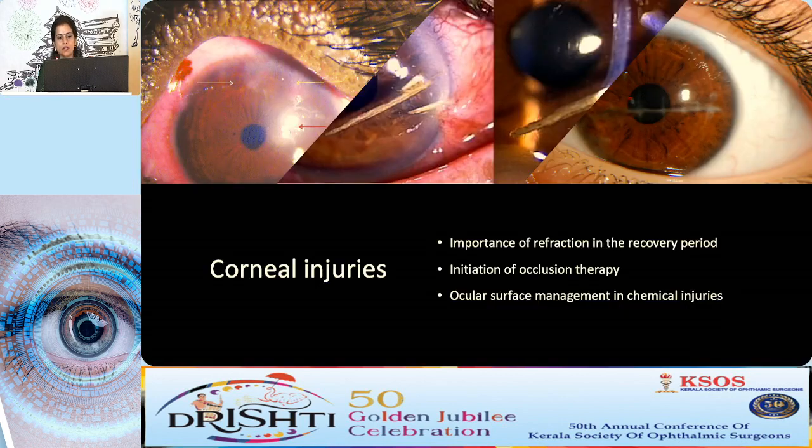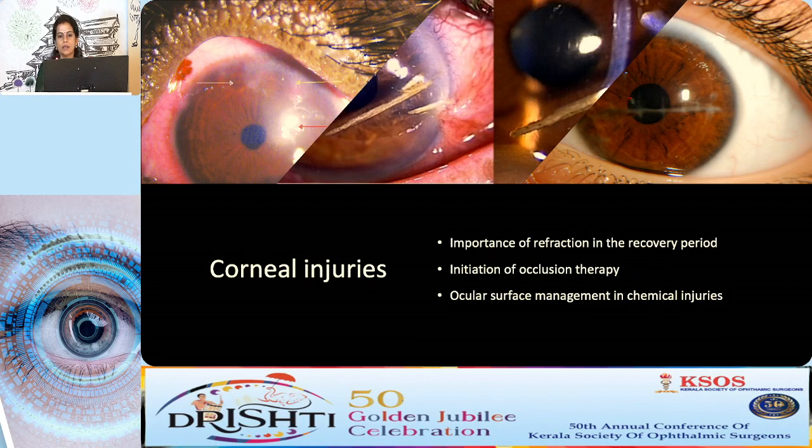Corneal injuries: the importance of refraction cannot be stressed more. Most often, we just repair the corneal wound and the follow up may be irregular. We need to counsel the parents that the follow up is very important. In most cases, it might be a small corneal injury away from the visual axis, but still it can induce astigmatism in a growing child.